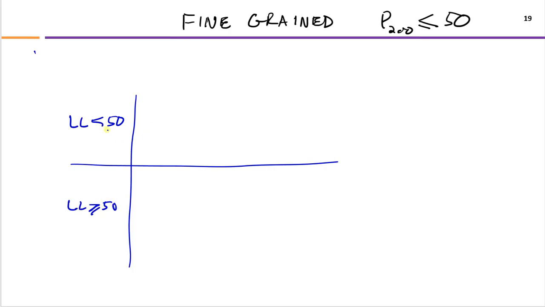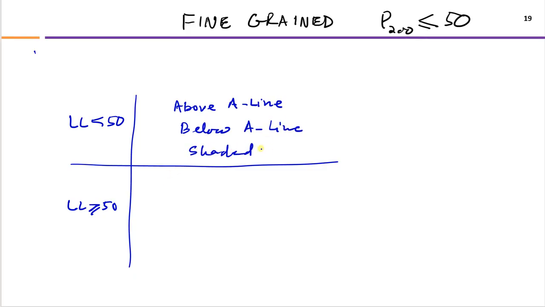When liquid limit is less than 50, there are two scenarios. It is going to plot above the A line. Whenever I say A line, we are talking about the plasticity chart. So it is above the A line, or it is going to be below the A line. Or there is a third case, it is in the shaded area.